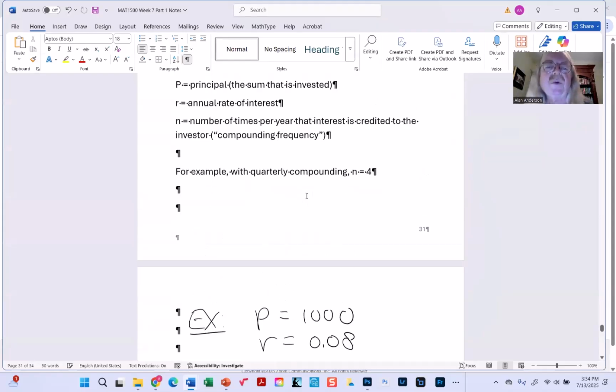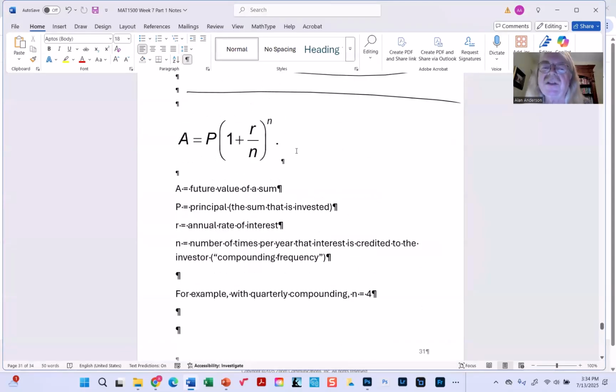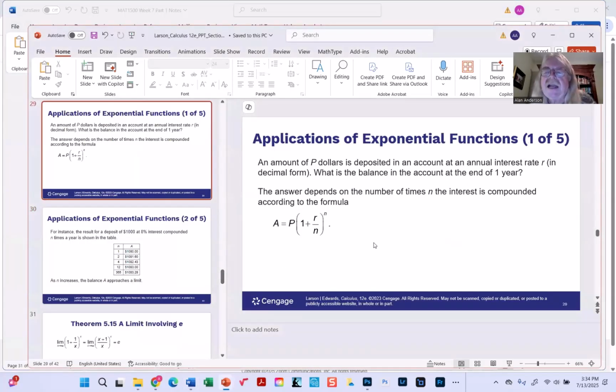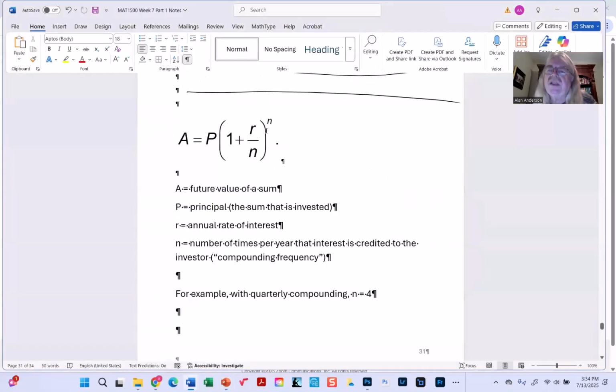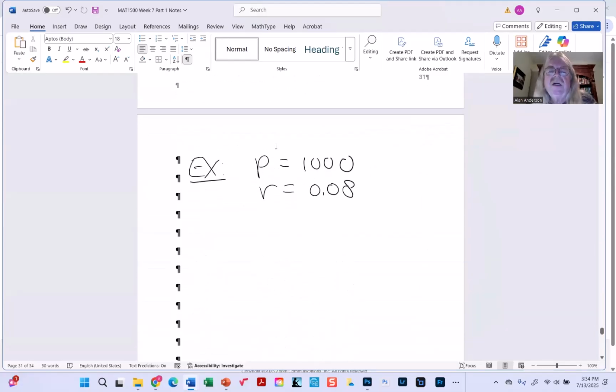Actually, I just noticed the way they wrote this formula, it looks like it's based on the assumption of 1 year. This is not the most general expression of this formula. I'm a little bit not happy about the way they did this, but we're assuming that this is 1 year. Okay, that'll do. If we had more years, we would need another variable in this formula. But all right, let's run with this.